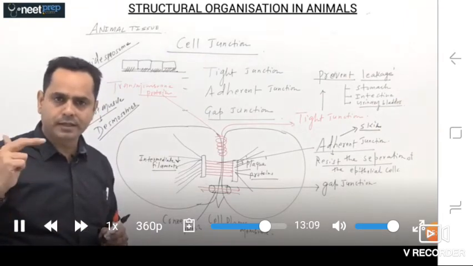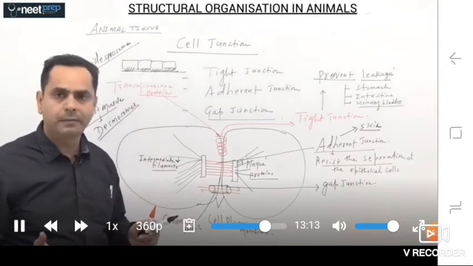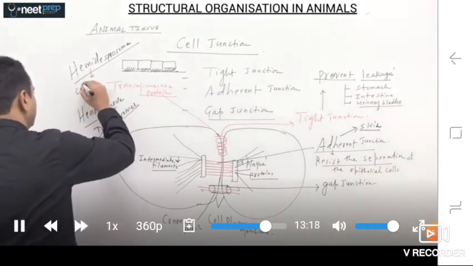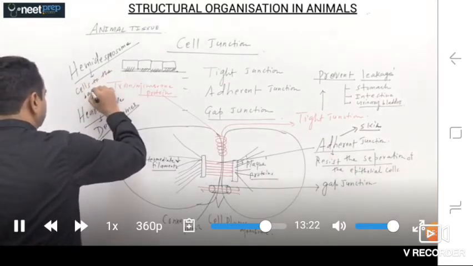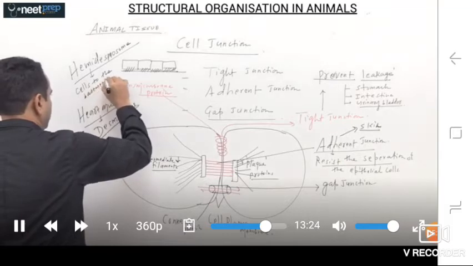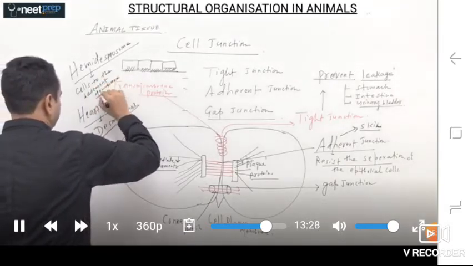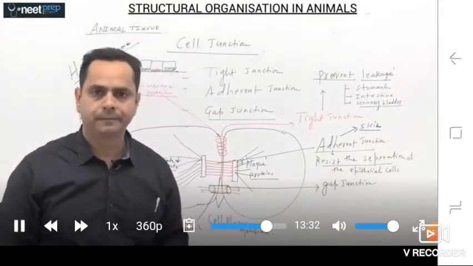One side is the cellular layer, and the other side is the basement membrane. So hemidesmosomes connect cells to the basement membrane. That's fine.